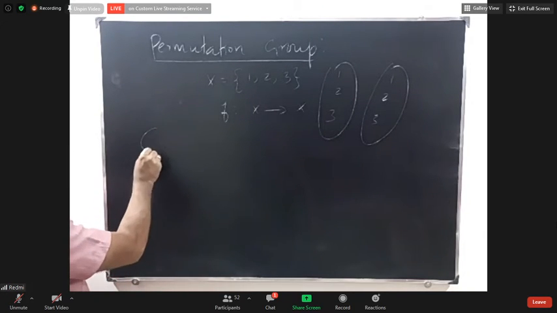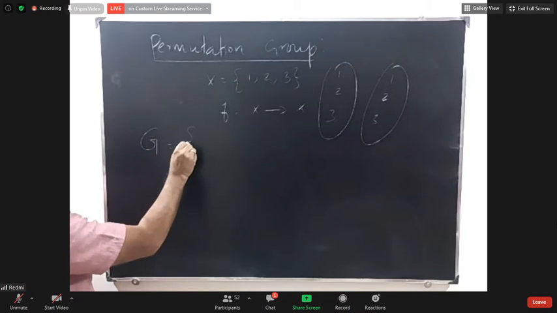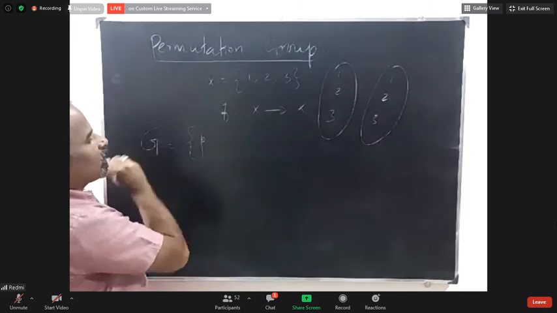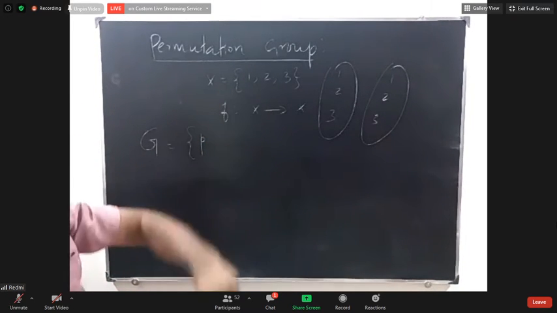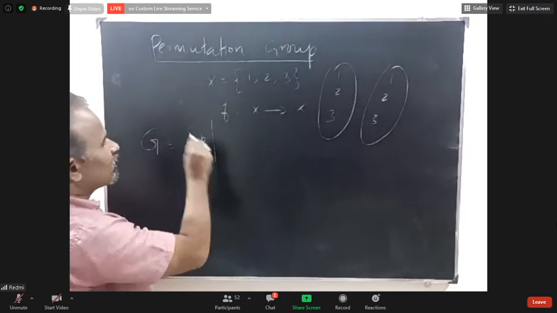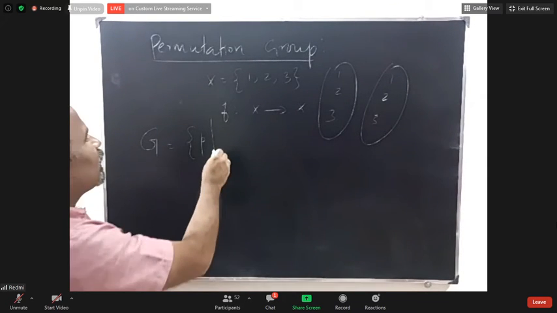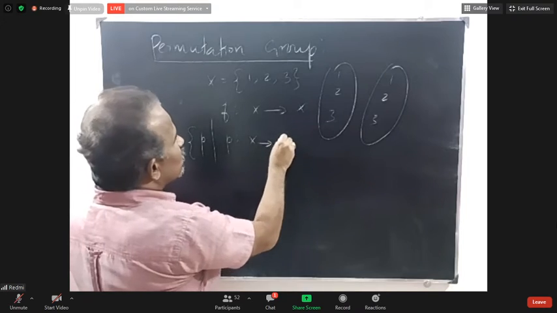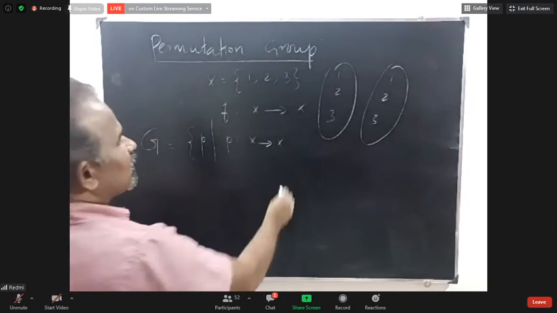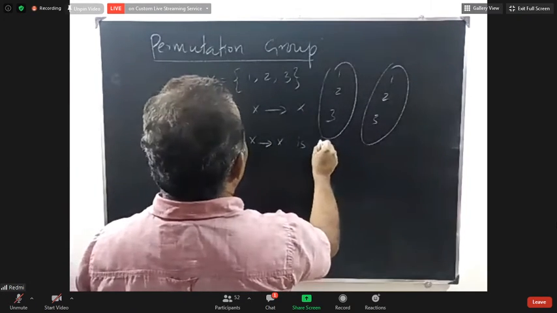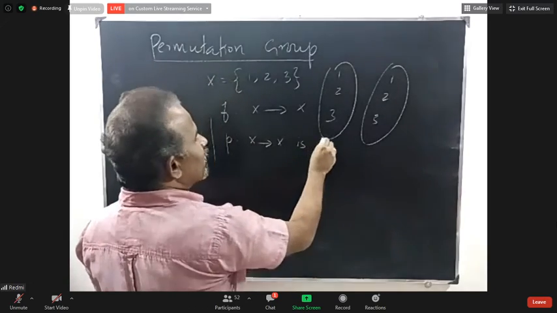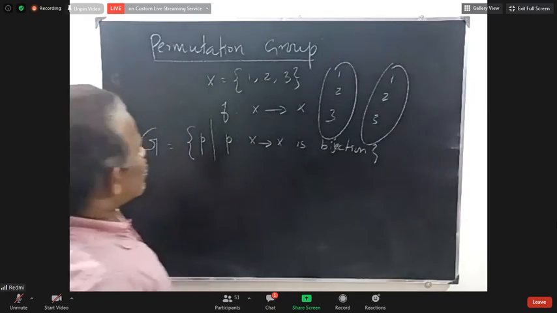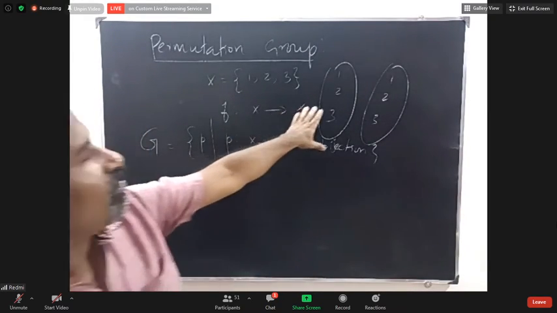So that is nothing but a set. The set consists of all p such that p is a function from X into X which is one-one and onto, or a bijection. The collection of all bijections from this set to this set.